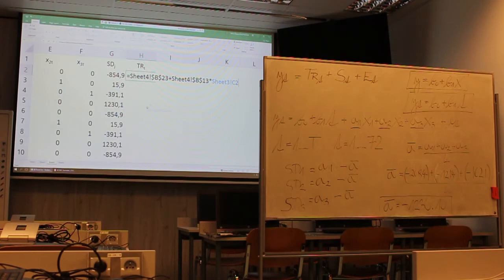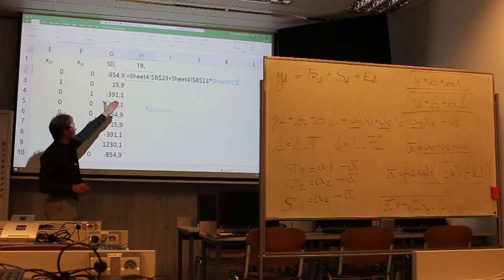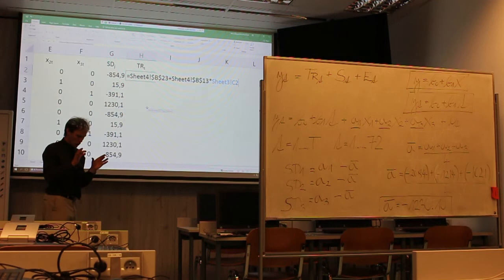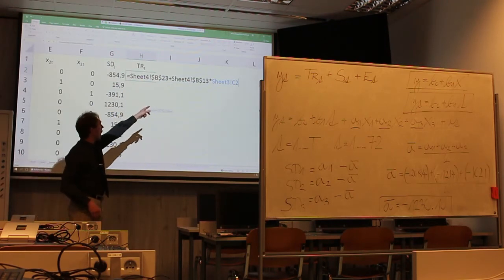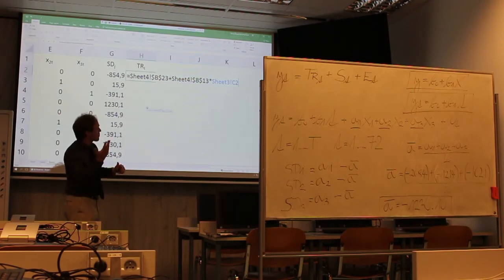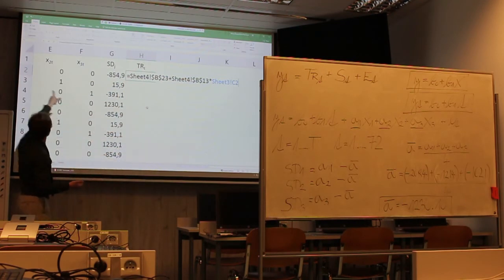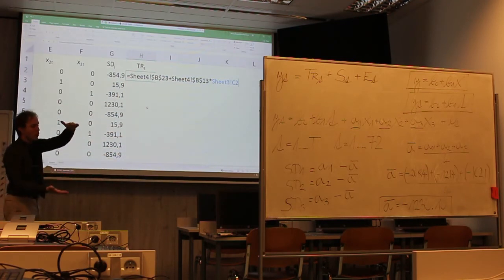In sheet 4, with dollars, you must use B0 star plus B1 with dollars, because B0 star and B1 are constants; the coefficients are still the same. B1 from sheet 4 times, in sheet 3, C2, the time variable.